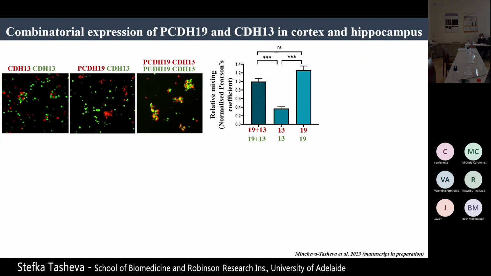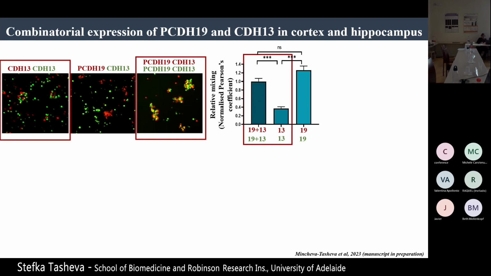Firstly, what is important to mention here is that cadherin 13 presents very weak adhesion abilities by itself. However, what we found is that when we mix the cells that express the complete code, so we have PCDH19 and cadherin 13 in the same cell, that actually turns this weak activity seen in cadherin 13 into pretty strong adhesion abilities between the different cell populations. And we believe that this is because of the cis interaction that has already been demonstrated between PCDH19 and cadherin 13.